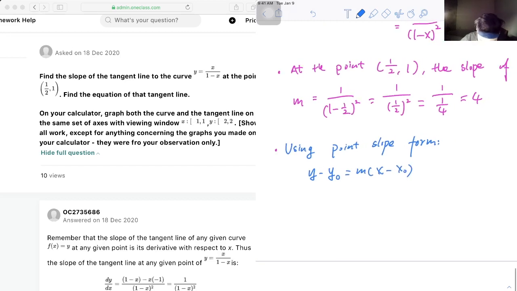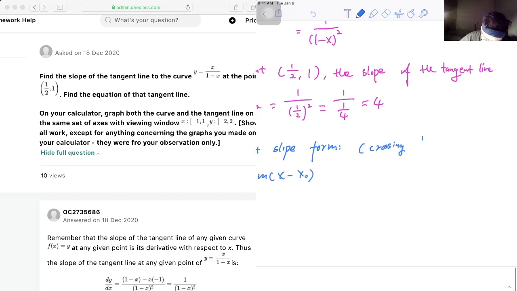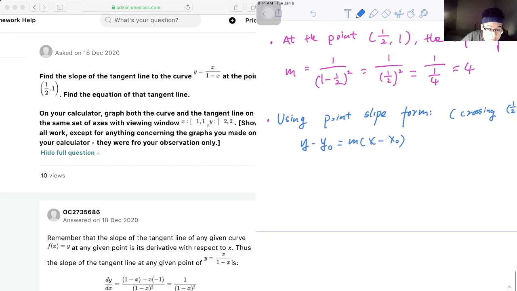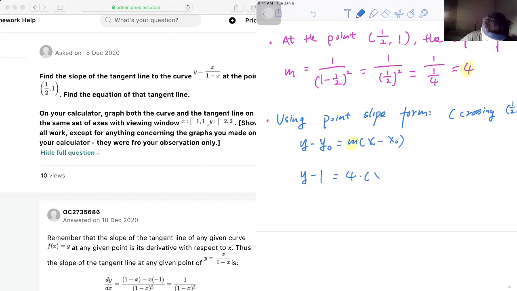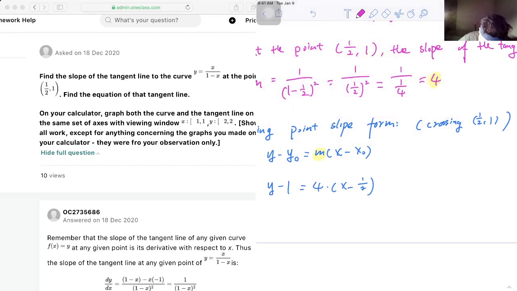And remember that the line is crossing 1 over 2, 1. So we have y minus 1 is equal to m, which we calculated as 4, times x minus 1 over 2. In other words, this 1 over 2 is x0, and 1 will be y0.